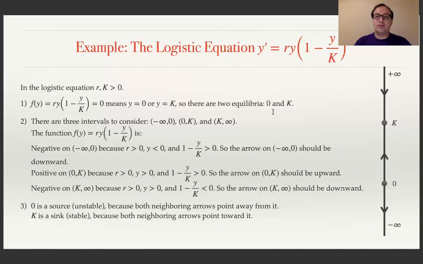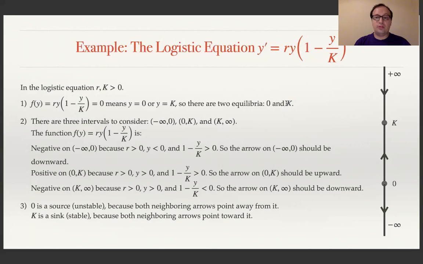The first case corresponds to the situation where the population is 0, so then it cannot grow, it cannot decrease, it will always be 0. And the second case is y of t is always k. So when the population is at exactly the carrying capacity of the environment, then it has no room to grow and it has no reason to decrease.